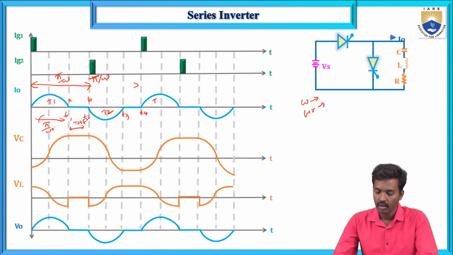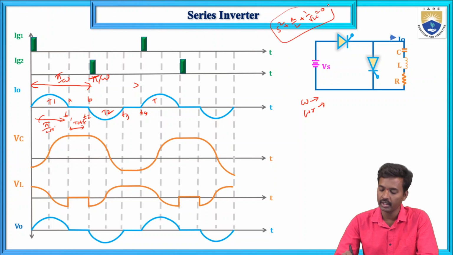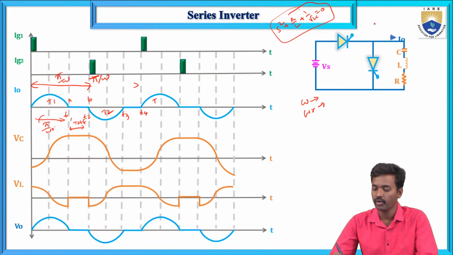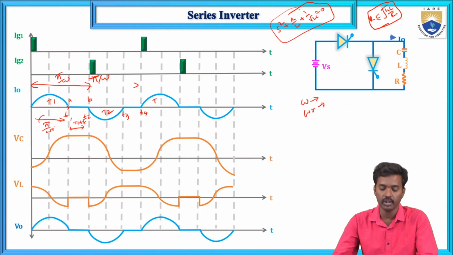So what will happen first? The characteristic equation of this RLC circuit is S square plus R by L plus 1 by LC equals 0. That means this is the current equation. By selecting proper values of R less than 2 root of L by C, that is the condition, the system must be underdamped. Then the current becomes 0 and SCR T1 will be turned off.